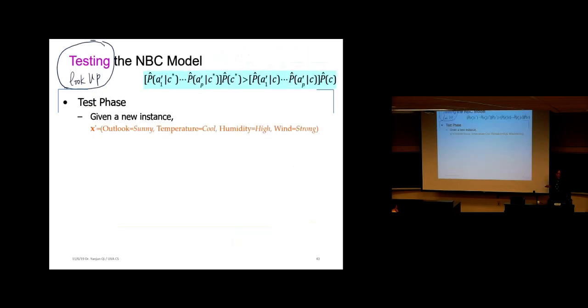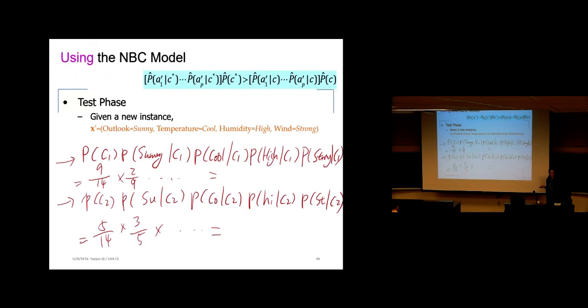Then in the testing phase, let me give you an example: sunny, cool, high, strong, and you want to predict based on the naive Bayes classifier. Then how do you do it? In fact, you just look up. You look up what is P(C1), yes, and what is P(C2), no. You just get those numbers from the prior probability table.